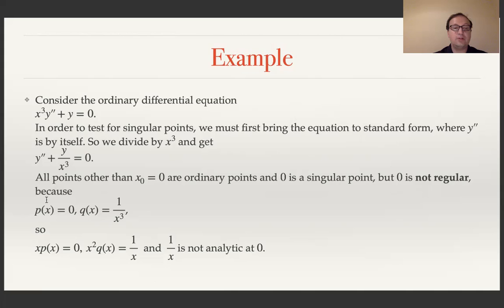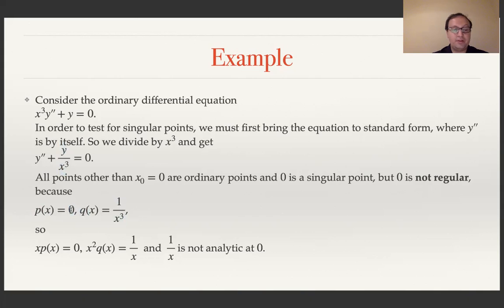So in this equation, the coefficient of y prime, p of x, is 0 because there is no y prime in the equation. And the coefficient of y is q of x, which is 1 over x cubed, because we have 1 over x cubed times y in the equation.